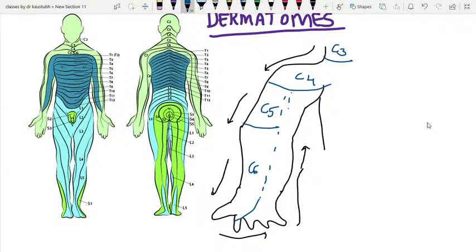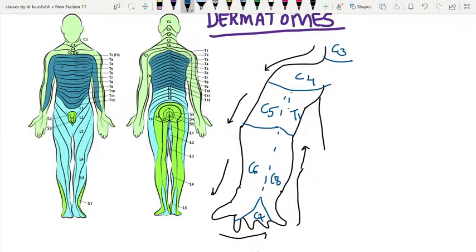Then the middle three fingers will become C7. The lateral half of the forearm will become C8, and this medial half of the forearm, hand, and the medial half of the arm will become T1. Simple thing to remember. So how is the progression? Medially, going downwards laterally, and again coming up medially.